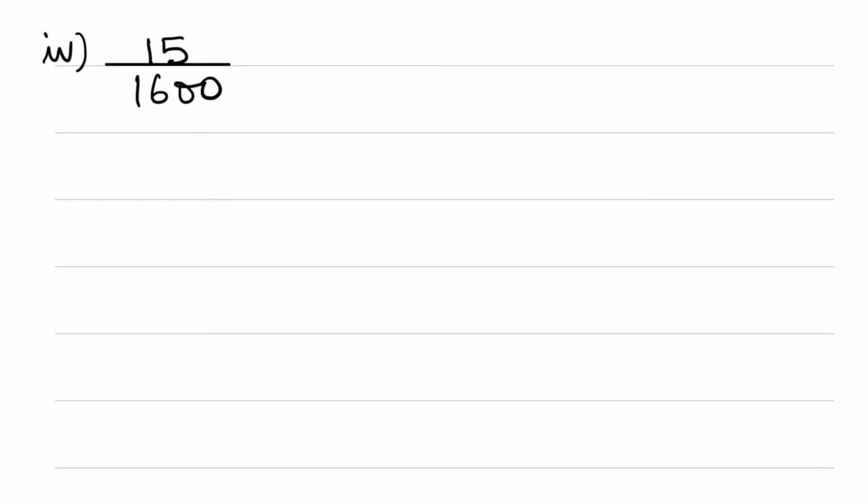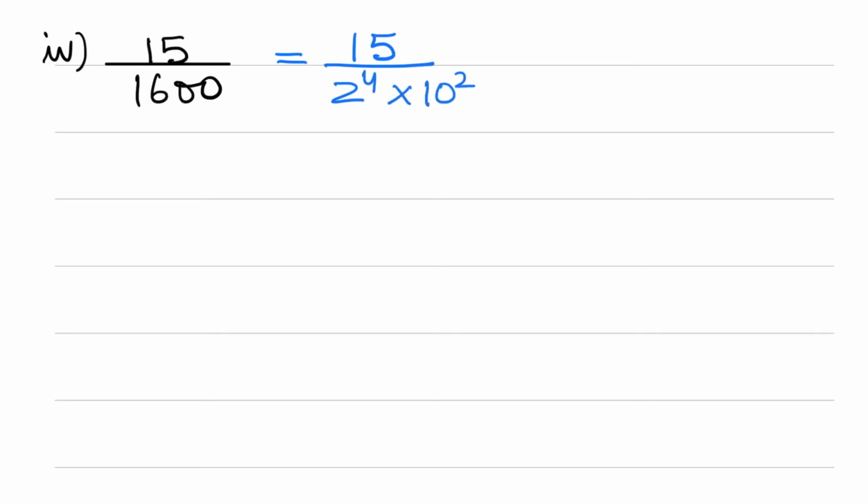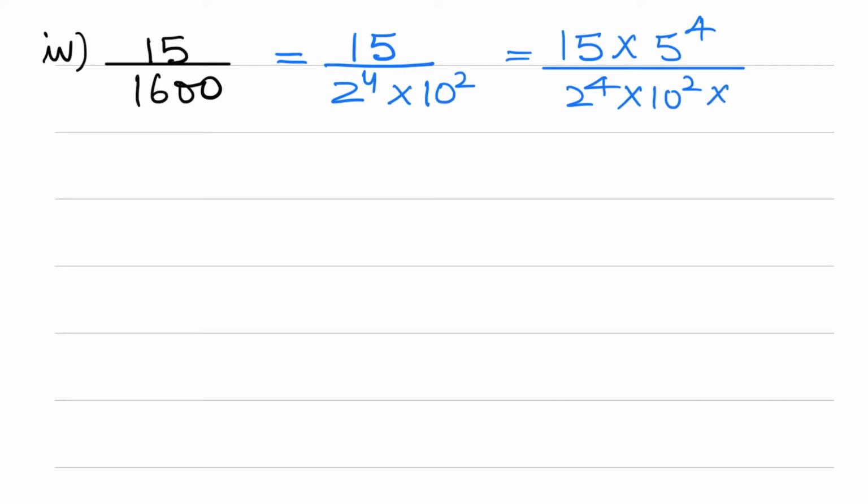Fourth part, it is 15 by 1600. This can be written as 15 by 16, which is 2 raised to the power 4, and 100, which is 10 square. So we multiply the numerator and the denominator by 5 raised to the power 4.